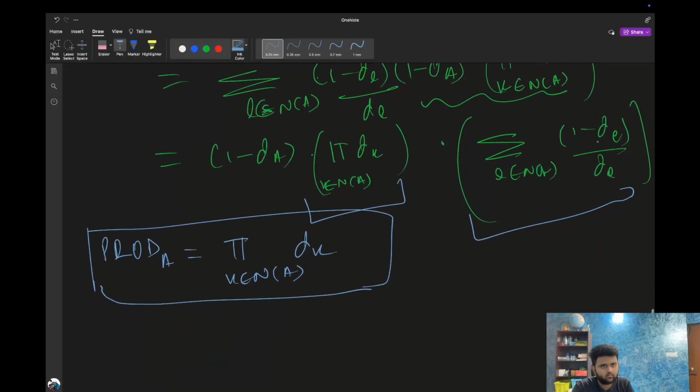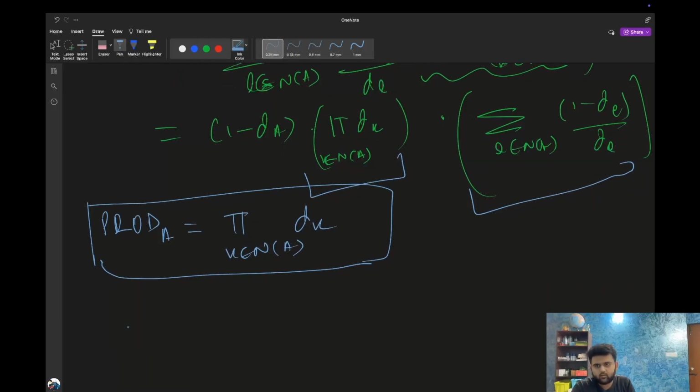And since it's a probability of it living or dying, let's say LD A to be the summation over L in the neighborhood of A of (1 minus d_L) by d_L.